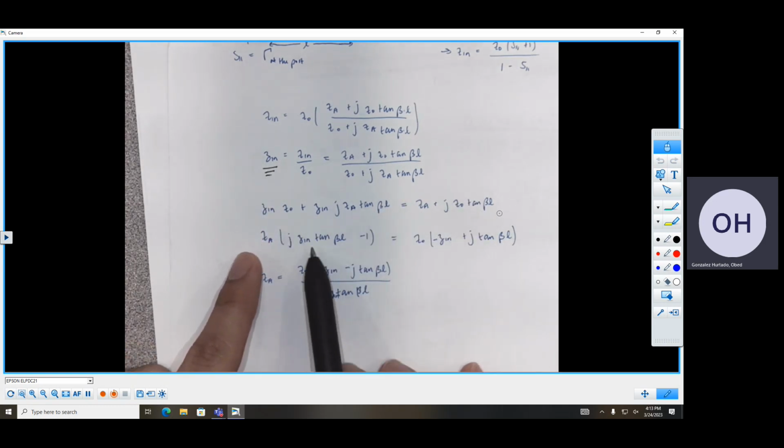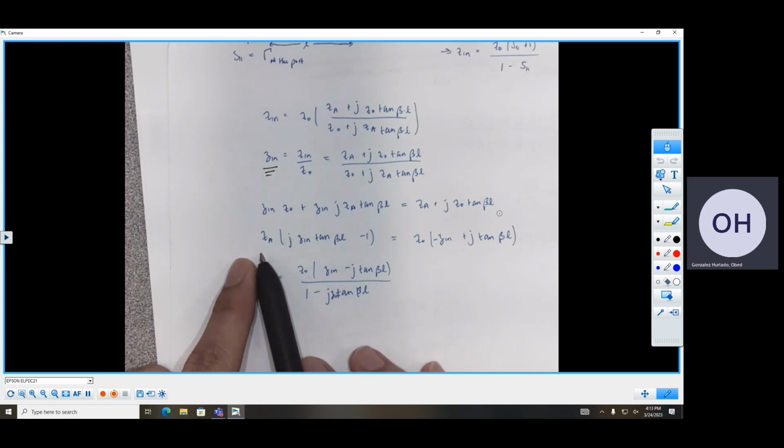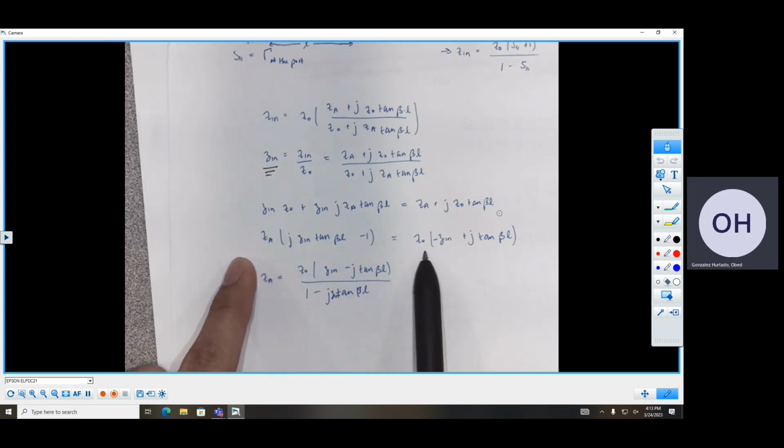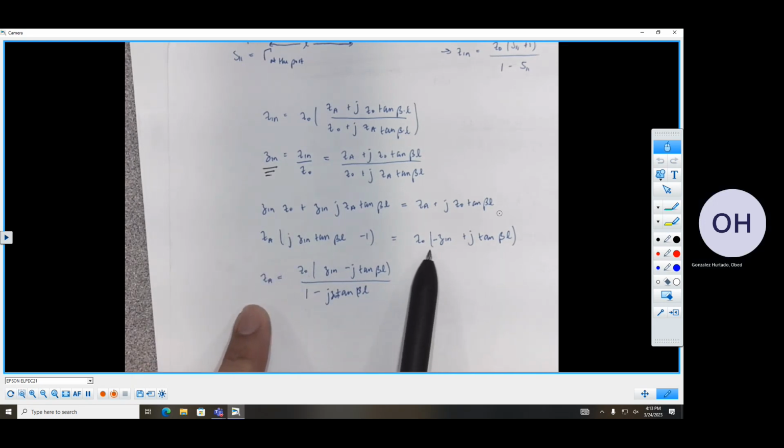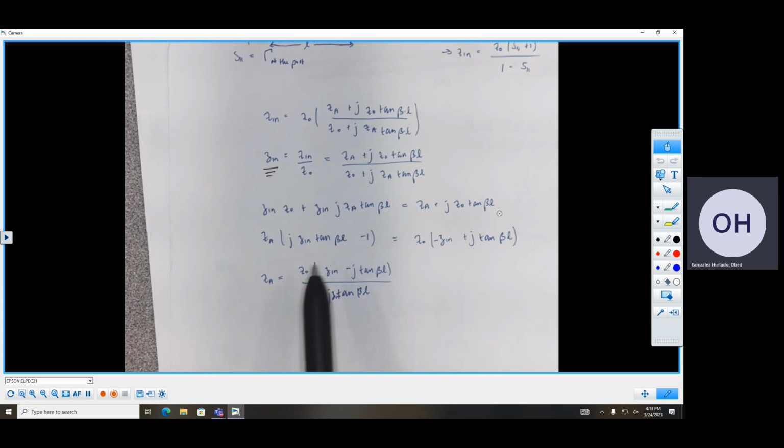From here, we would collect terms, so we would collect the Za on the left and the Z naught on the right. And then just simple division to get what Za would be.